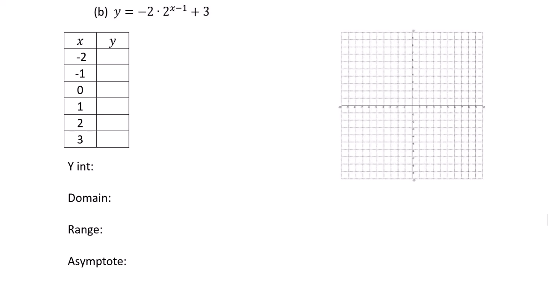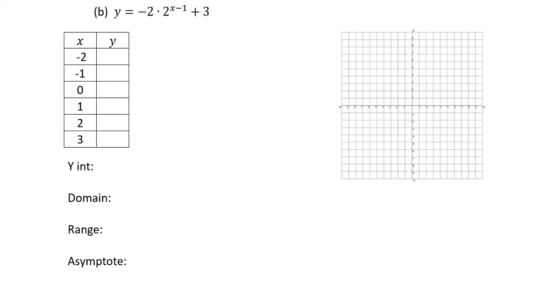We have y equals negative 2 times 2 to the x minus 1 plus 3. Looks like we have a few transformations going on here. First off, this x minus 1 shows me that I am shifting my graph to the right 1 unit. This negative 2 in front shows that I am stretching it vertically by a factor of 2, but also reflecting it over the x-axis.